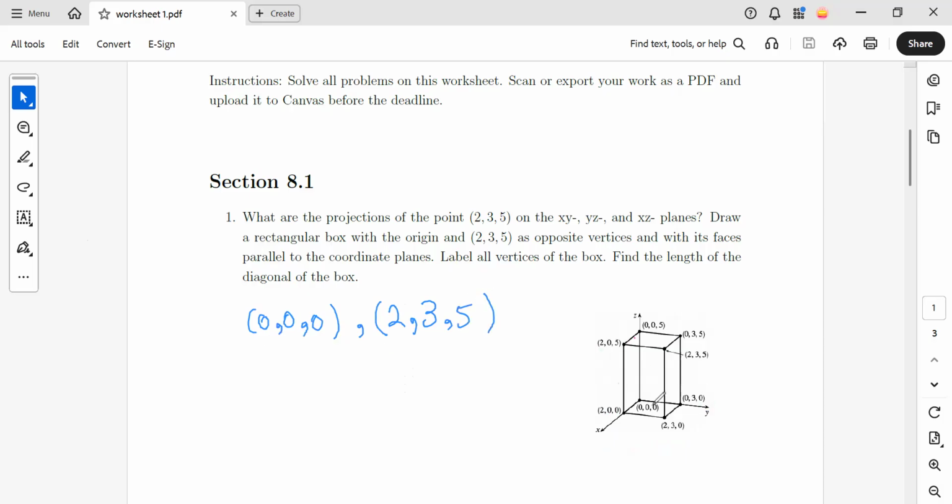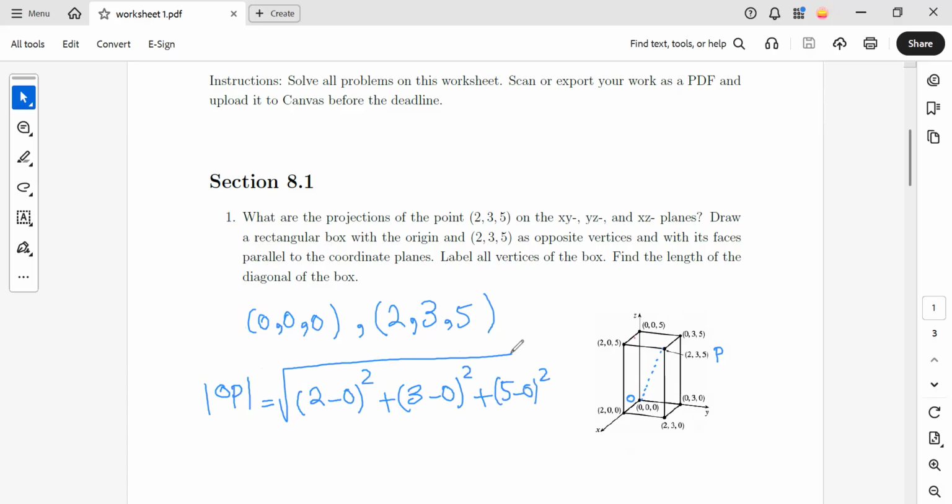So this distance from here all the way to here, let's say the point is P, O is the origin, so OP, and the distance of that will be the square root of the distance between x values, which is 2 minus 0 squared, the distance of y values, which is 3 minus 0 squared, and the distance between z values, which is 5 minus 0 squared.